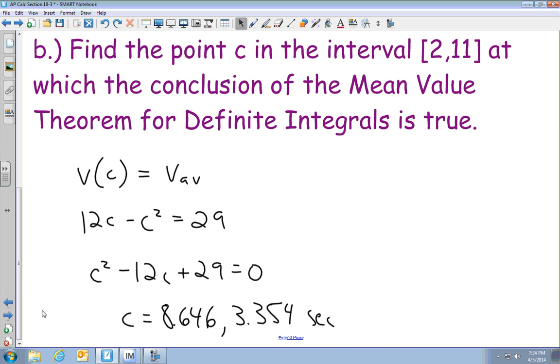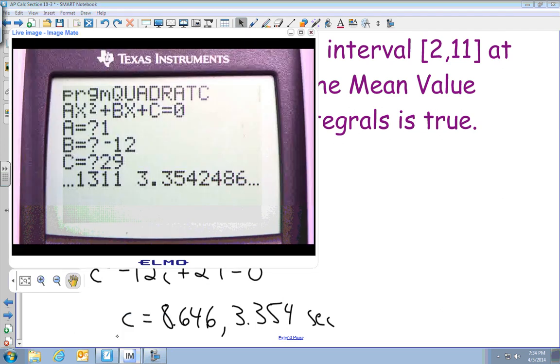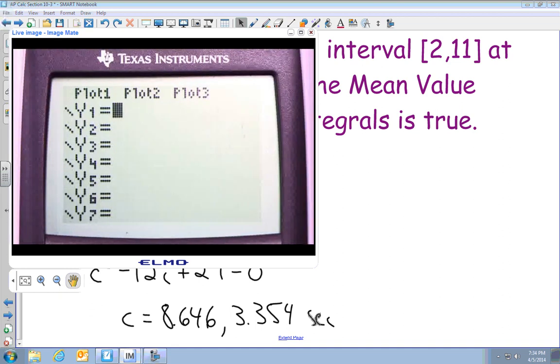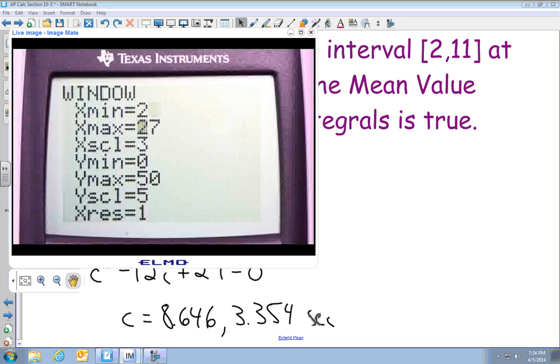You could graph this and actually see that intersection, like we saw on the example that we sketched, but let me just do that on the calculator real quick. If we graph 12x minus x squared, I'm going to graph 29 along with it, and we'll set our window to go from 2 to 11.